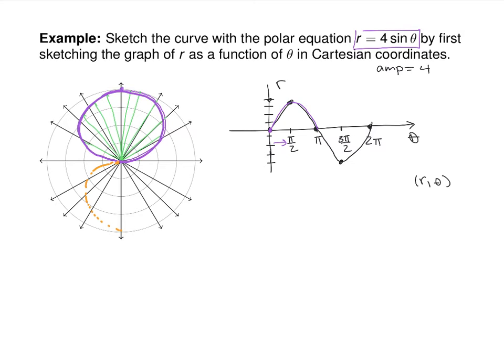And similarly from 3 pi halves to 2 pi, all those are also negative radii. So all of these points reflect up onto this. So this part reflects to that part, this part reflects to that part, this part reflects to that part because of the radii being negative, and that's the trickiest bit.